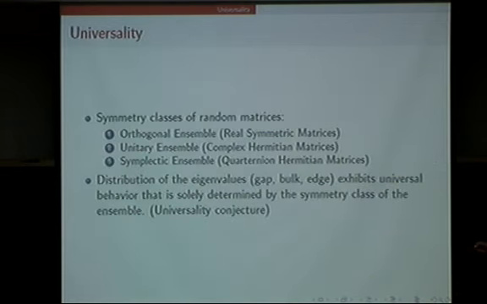So the distribution of the eigenvalues exhibits universal behavior that is solely determined by the symmetry class of the ensemble. This is the final goal of random matrix theory for mathematicians. People want to exclude all the conditions like Gaussian. The Gaussian is almost excluded, so people don't use Gaussian in the proof.